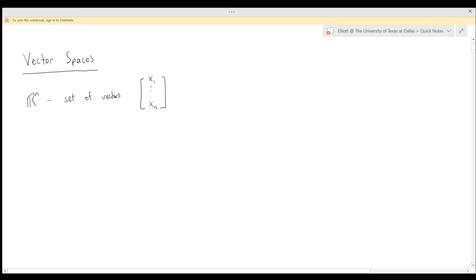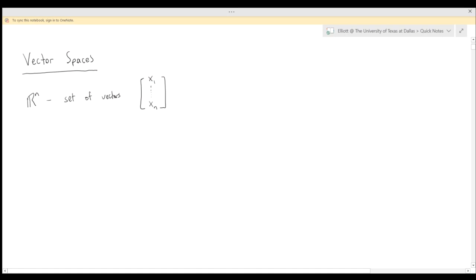All right. So we've been working with vectors in Rn up until this point, and we've learned how to do certain operations on these vectors.